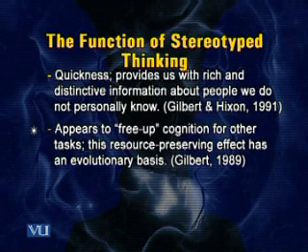According to Gilbert in 1989, he pointed out this. Why does it have an evolutionary basis? It has an evolutionary basis because it will save our time and we will fix our energy on other important tasks.